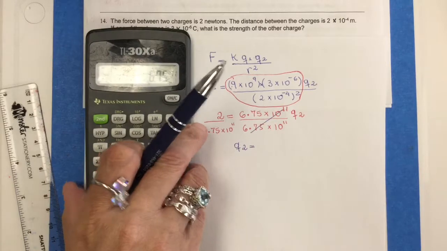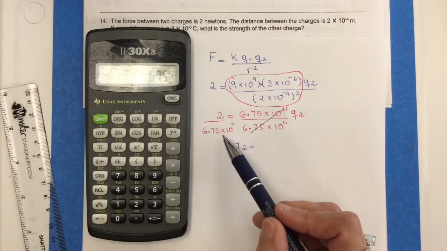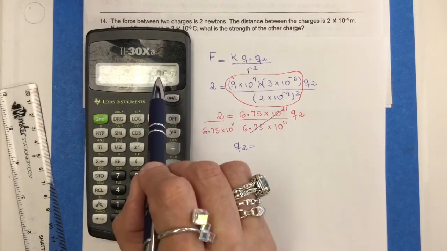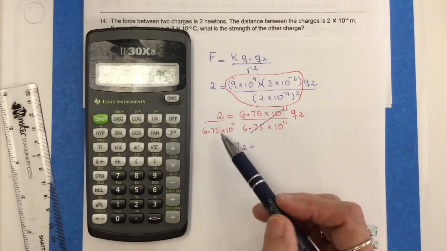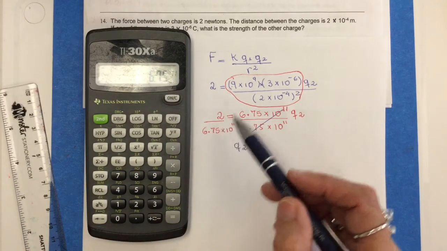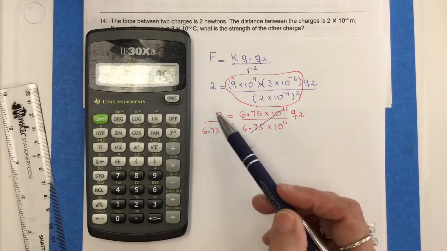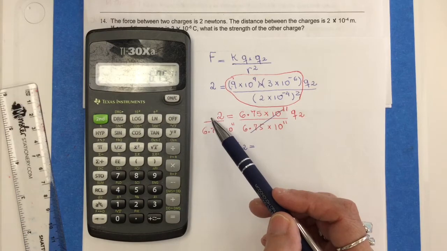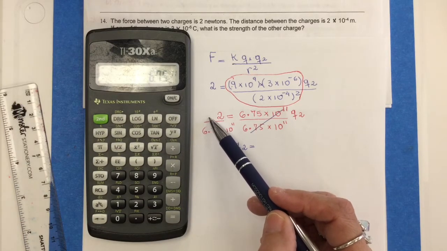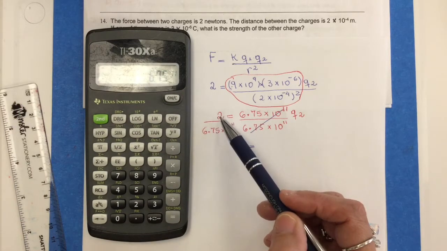Now, I'm going to do something. Because this number, which is in my calculator right now, is on the denominator, I can use this key to bring this number to the top, to the numerator, times 2.